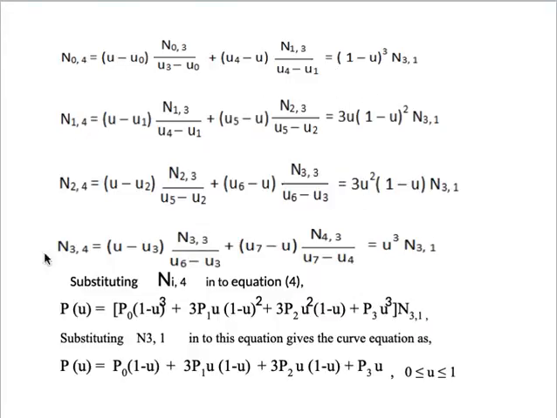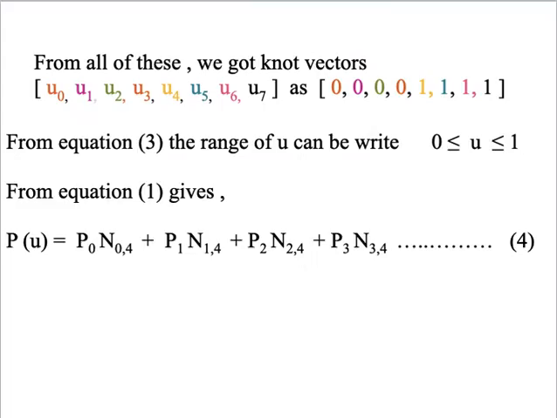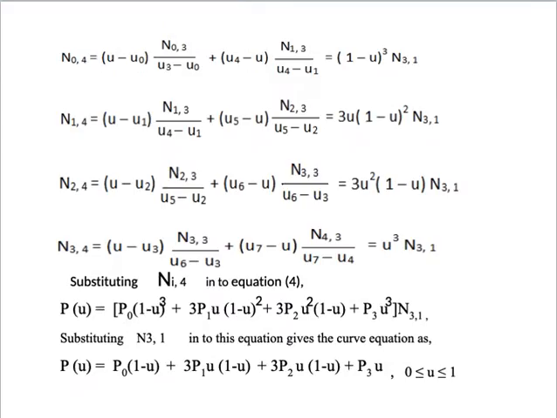When you see all these equations, substituting them into equation 4, if I put all this in equation 4, I'll get here that P of u is P0 (1 minus u) cube plus 3P1 u into (1 minus u) raised to 2 plus 3P2 u square into (1 minus u) brackets complete plus P3 u cube whole bracket, that is of N3,1.